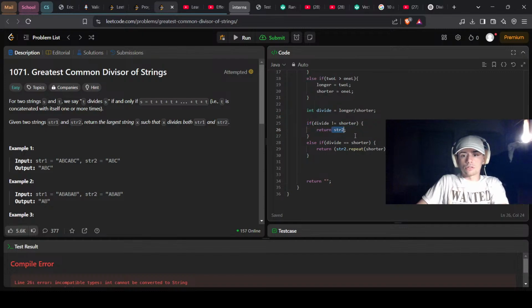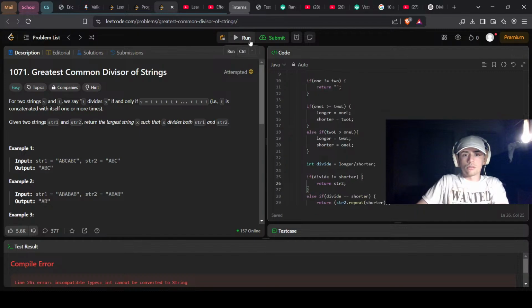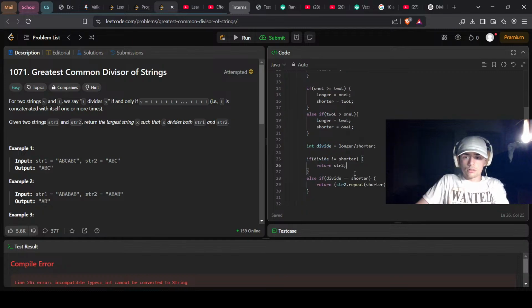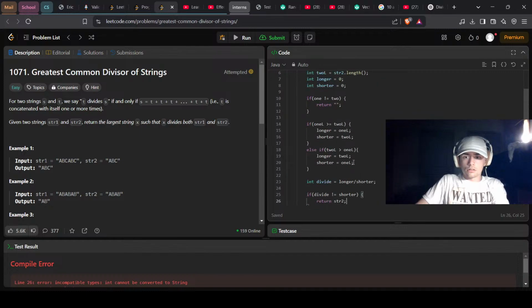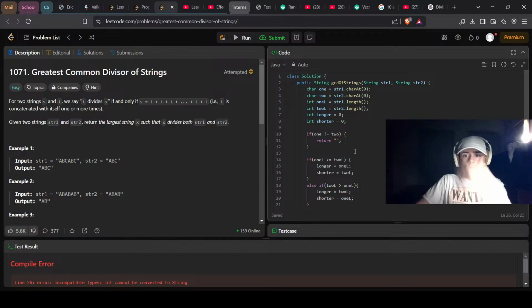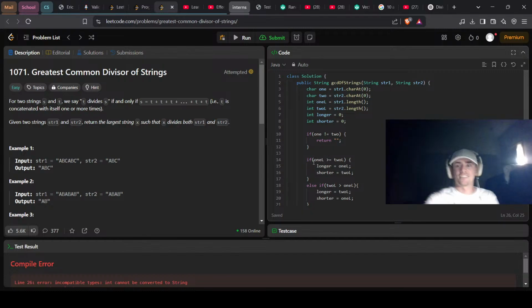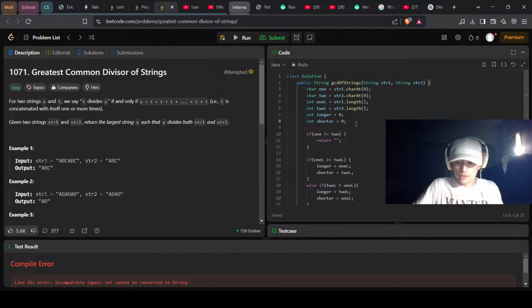What was I returning string 1 here? No, charter needs to be a string. Shucks, man. So we only need the charter string.